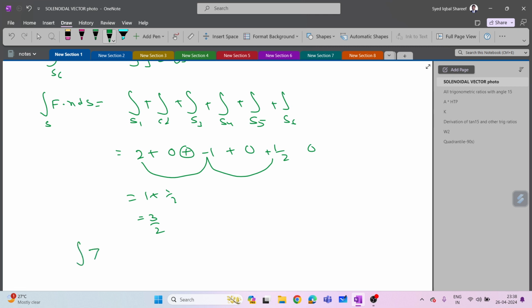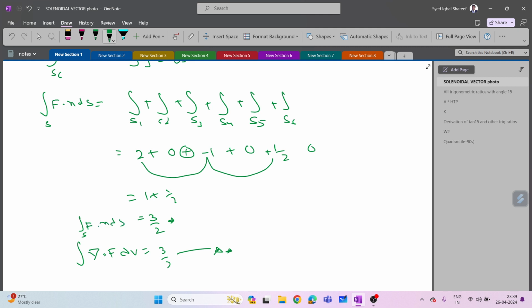And what we got from the divergence, del dot F dV? The answer we got from that is 3 by 2. So both answers, you see, this is 3 by 2 and this is also 3 by 2: the surface integral of F dot n dS and the volume integral.